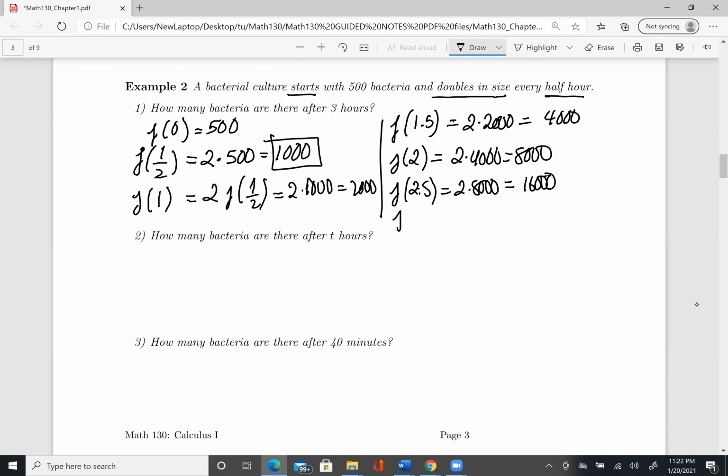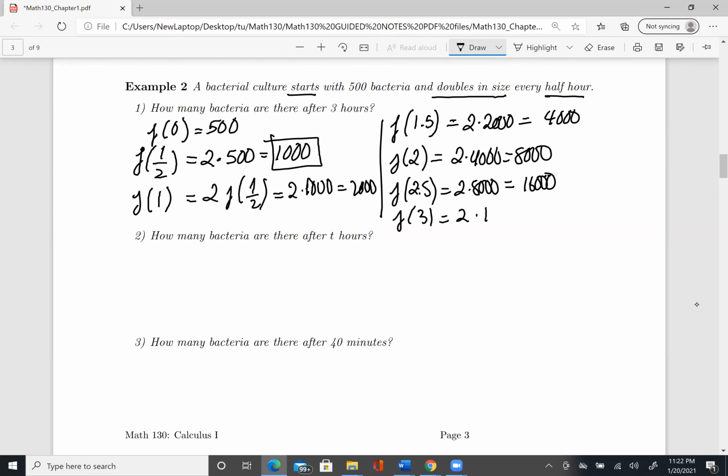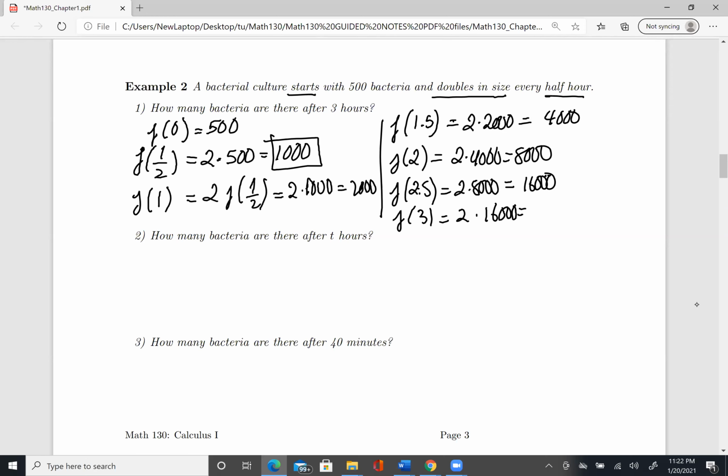And lastly, F of 3 is going to be 2 times 16,000, going to be 32,000. And that should be the answer for the first question.